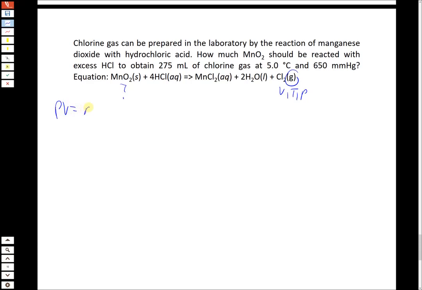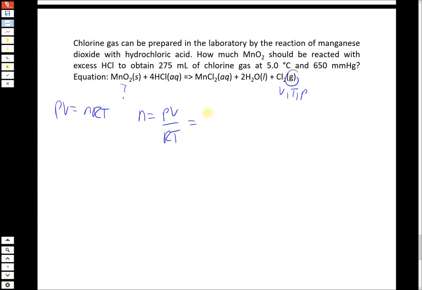PV equals nRT, and for Cl2, which is our gas product, we're going to solve for number of moles by just taking pressure times volume over RT. This is going to use R, so we have to make sure that pressure is in atmospheres, volume is in liters, and temperature is in Kelvin, so we have some conversions to do.